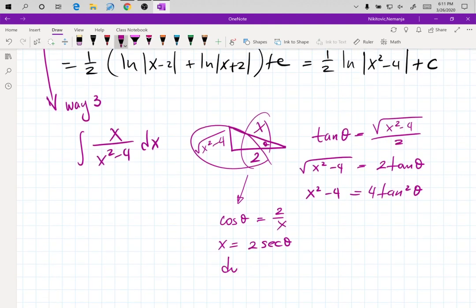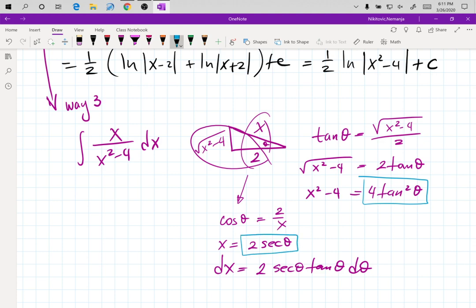And I immediately need dx to replace as well. So 2 times the derivative of secant, which is secant tangent d theta. So now we plug all of this in. I have this, I have this, and I have this.